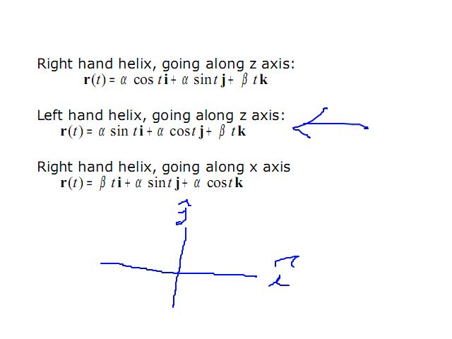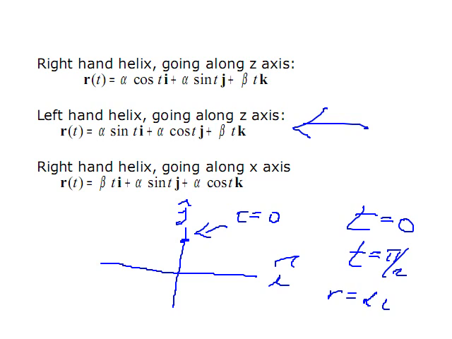Looking at the left-handed helix now, first we'll let t equal 0. When t equals 0, of course the i term is 0, but the j term has a value alpha. So here's t equals 0 right here. Now let t advance to pi over 2. At that point r would have the value alpha i.